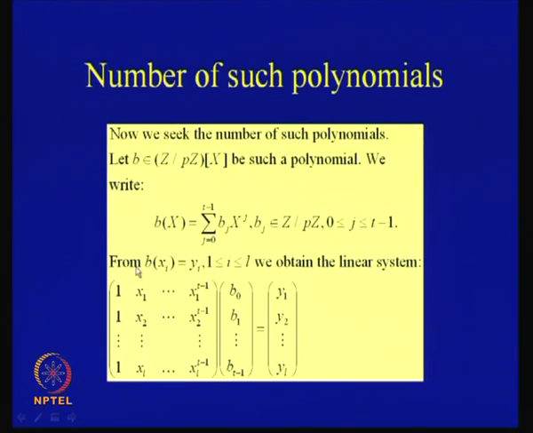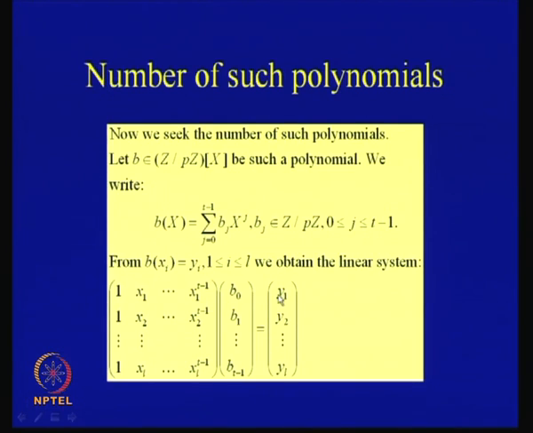So if I know that b(x_i) is equal to y_i, then for all these values we can write them in matrix notation, is it not? We can always write this in matrix notation, because all these are essentially polynomials.